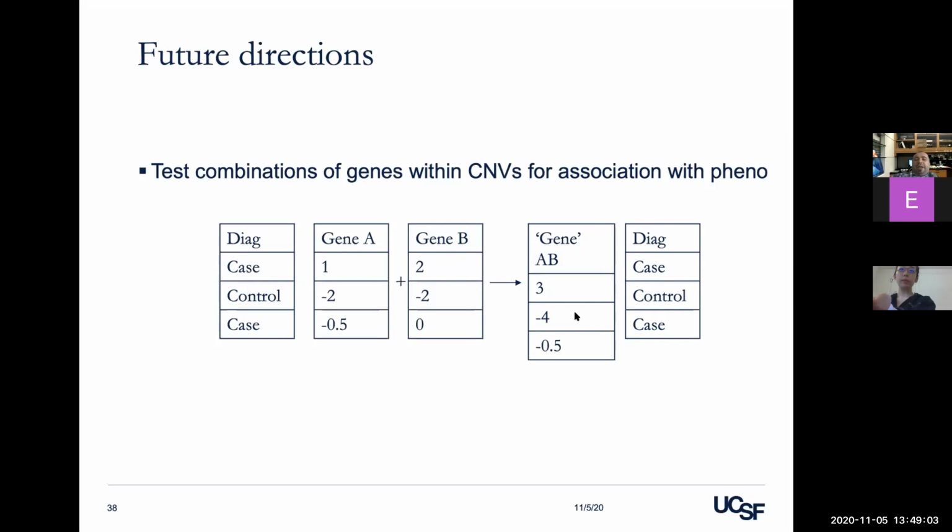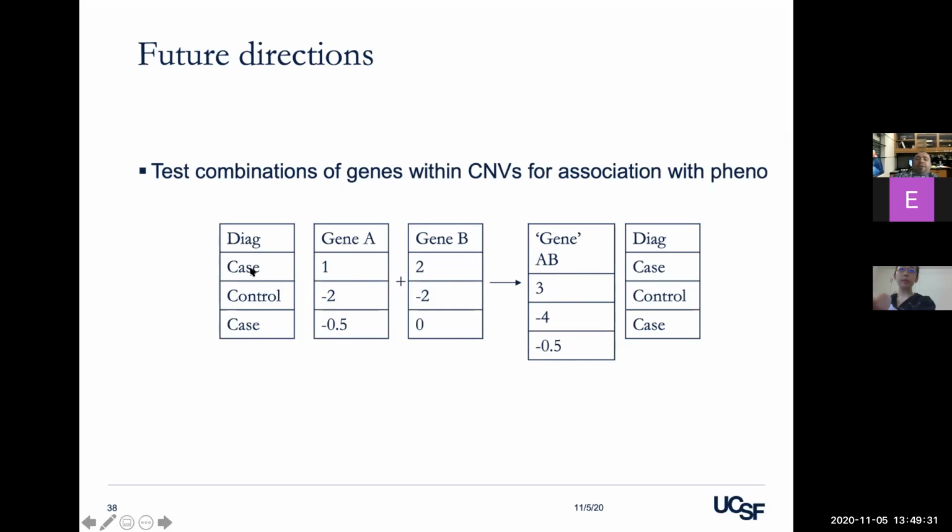If you take gene A and gene B that have certain gene expression, so these numbers, just pretend that this is the RNA level gene expression of these genes, make a combined gene where the expressions are the sums of these individual genes. And why that might help?